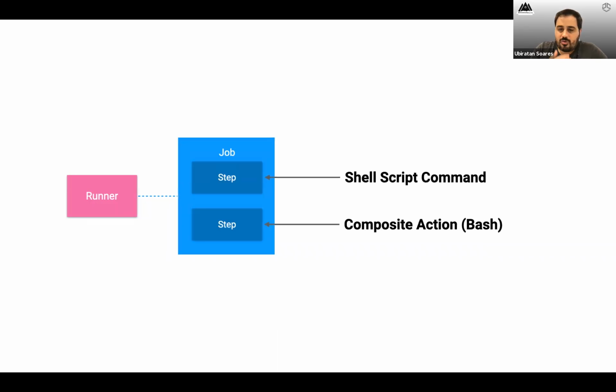But not only that, a step can also be something we call a composite action, right? And a composite action is pretty much a piece of shell script packaged as a reusable component, right? I won't explore composite actions in this talk, but they are quite useful, right?